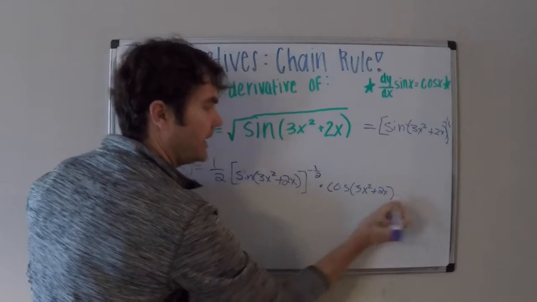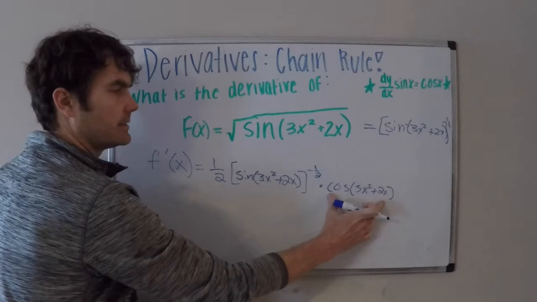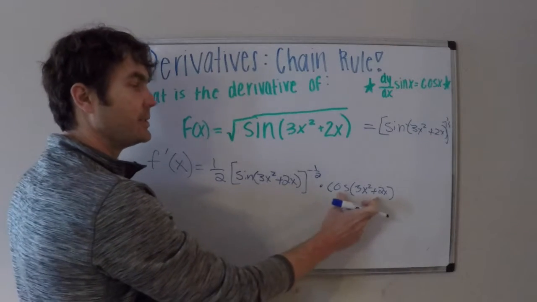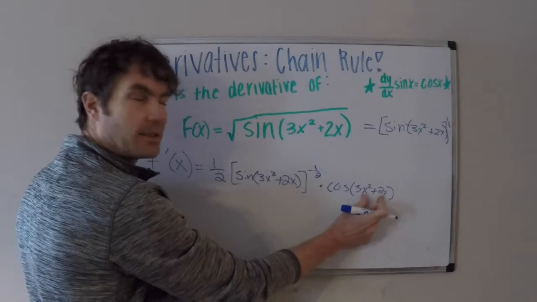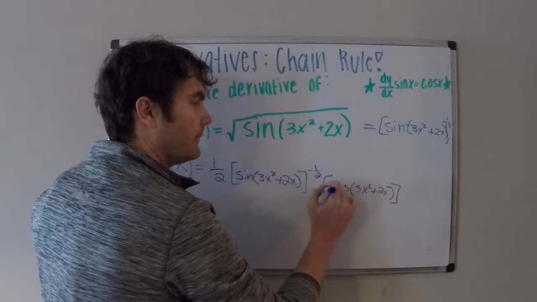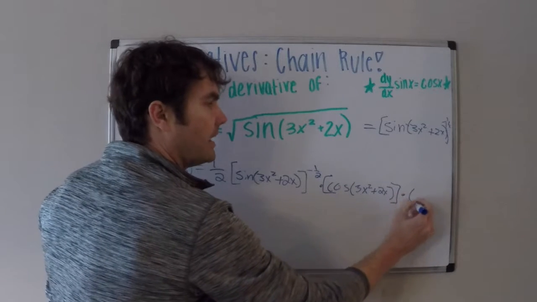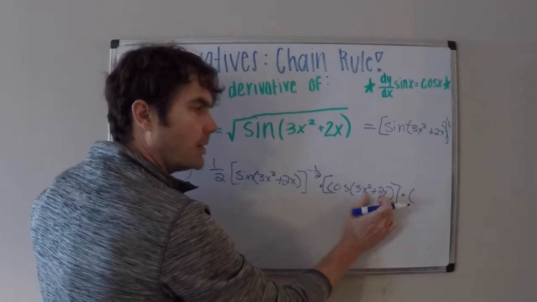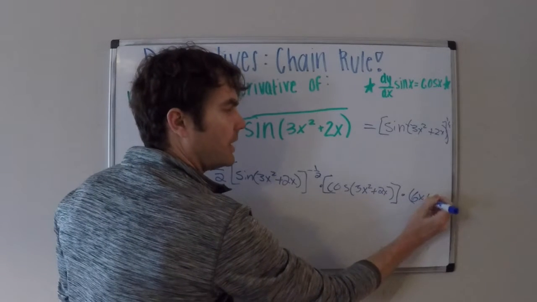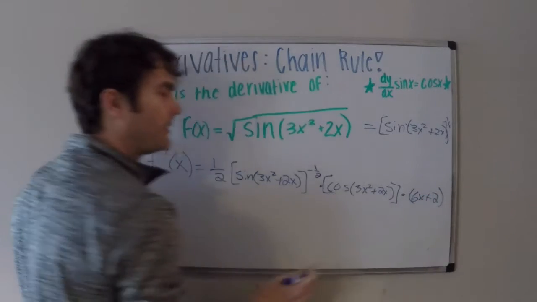Again, rewrite the inside exactly as it is. Now we've got to do chain rule again though. We took the derivative of this, but now we have to take the derivative of this. So outside of this, I'm going to multiply by the derivative of the inside-most part, and that's just going to be 6x plus 2, and that would be my final answer.